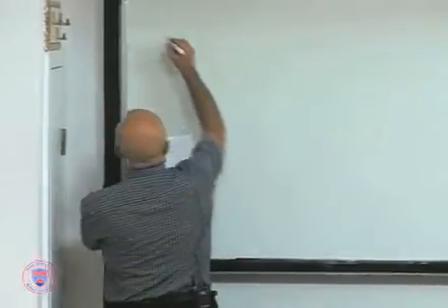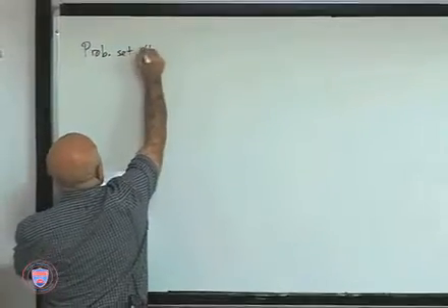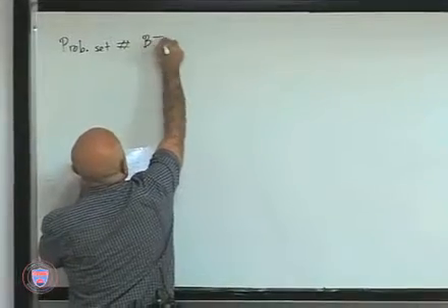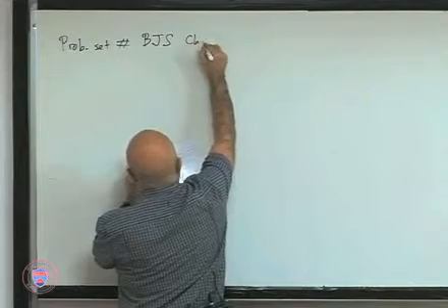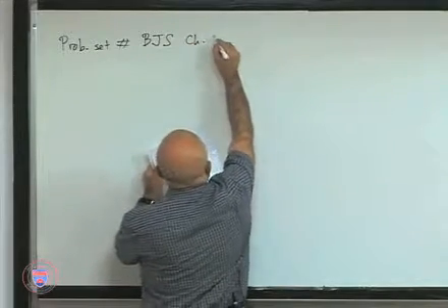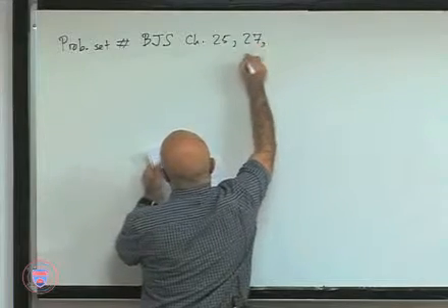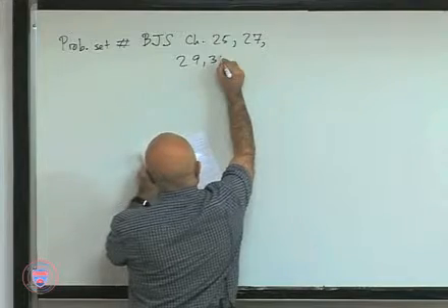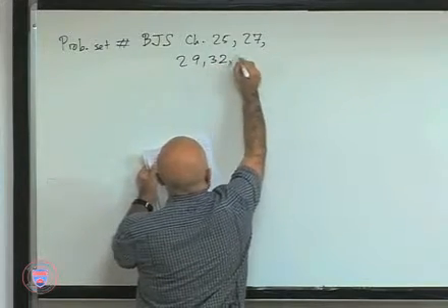And the third set, I'm going to also put it down on the board. So problem set number 2, you should have this. This is from, again, Bazara, Jarvis, and Sharali, chapter 1, 25, 27, 29, 32, and 33.